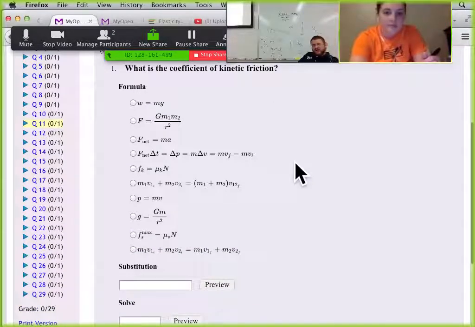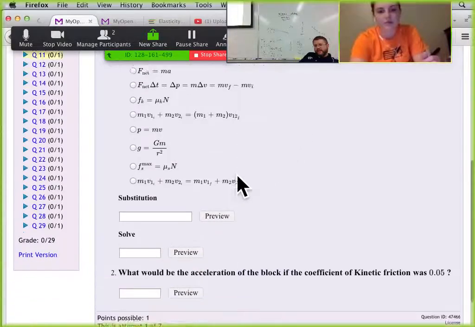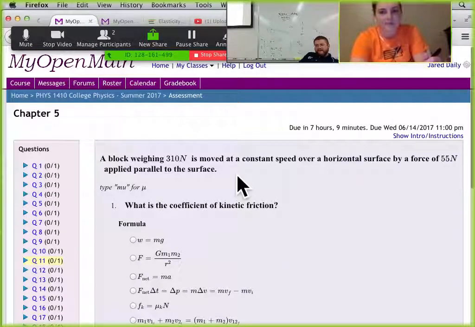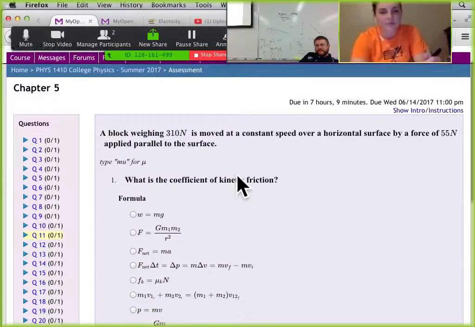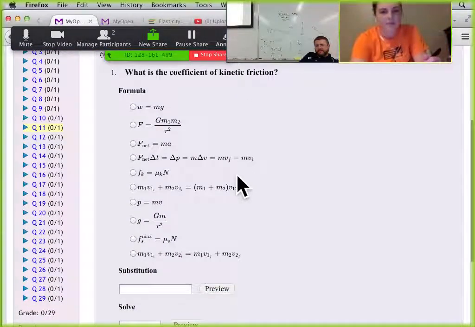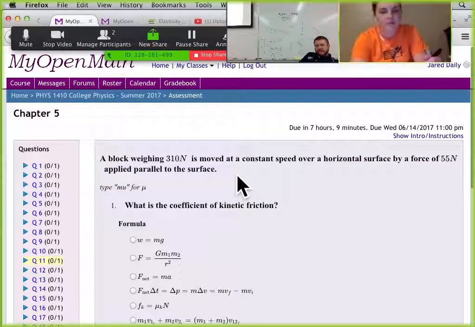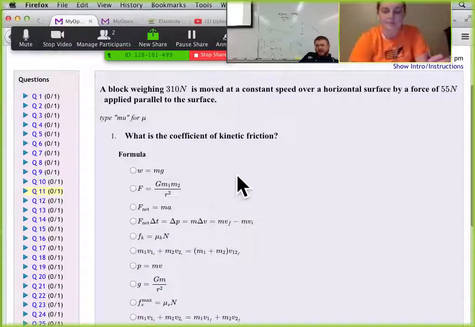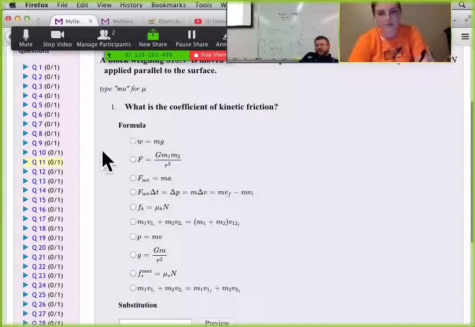They want to know the formula for the coefficient of kinetic friction. Okay. So does it want us to check the formula that has the kinetic friction? Yeah, they want you to check the proper equation for solving for the coefficient of kinetic friction.